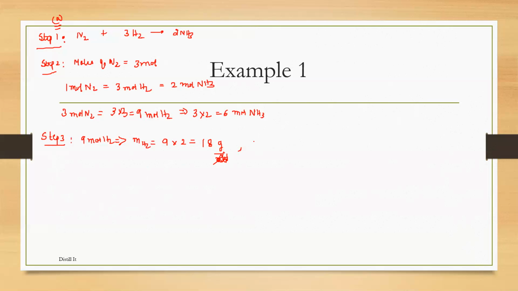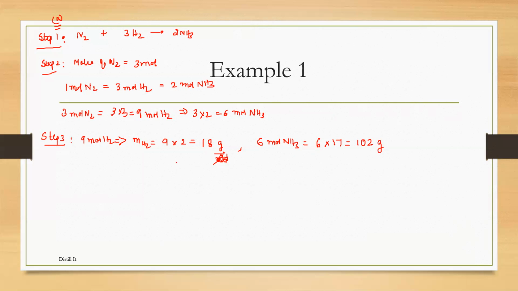And similarly, when you have 6 moles of ammonia, that is equal to 6 into molecular weight of ammonia, that is 17, which is equal to 102 grams of ammonia.